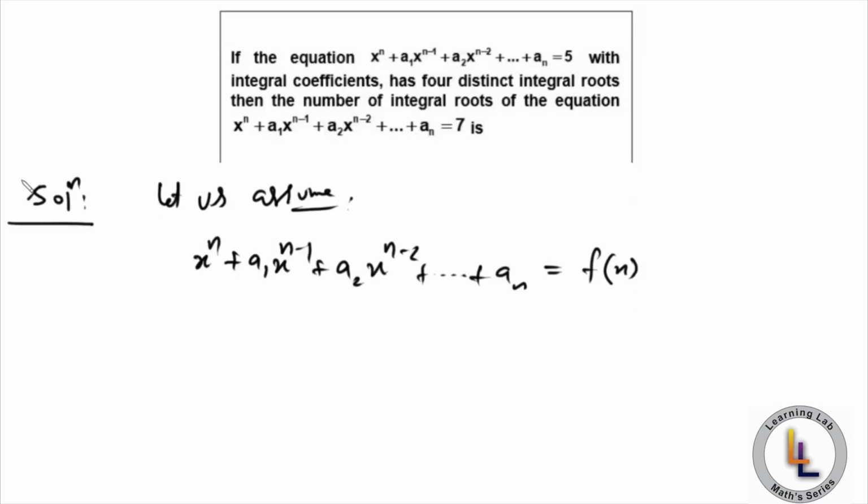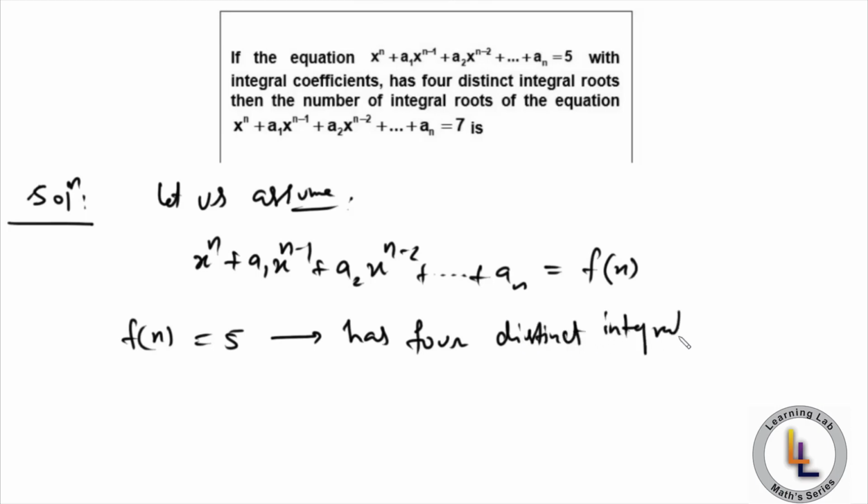So we have f(x) = 5, which has 4 distinct integral roots. This can be written as f(x) - 5 = 0, which has 4 distinct integral roots.